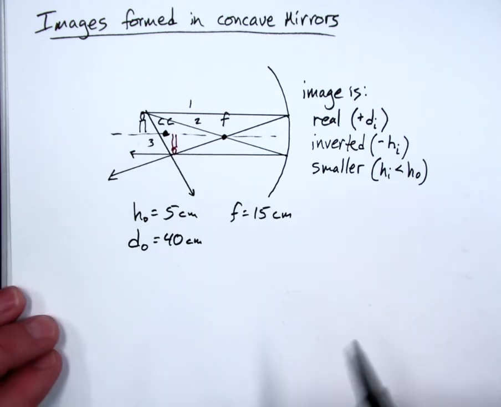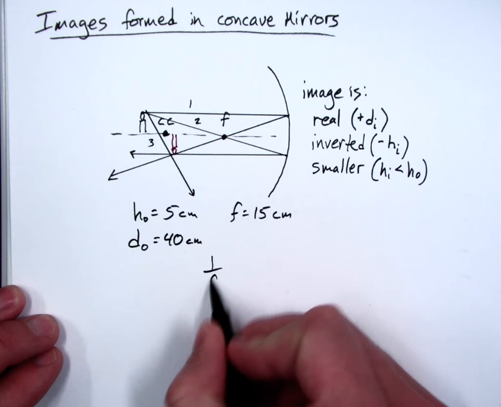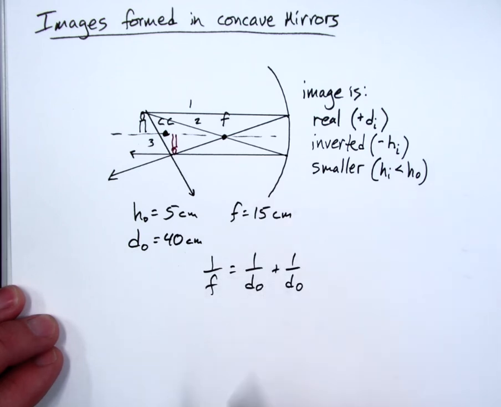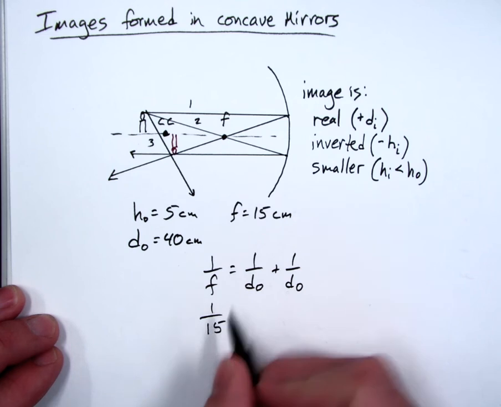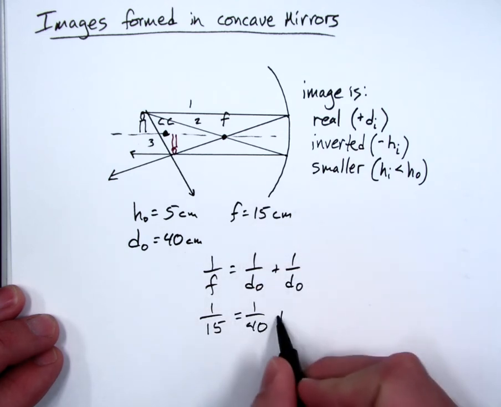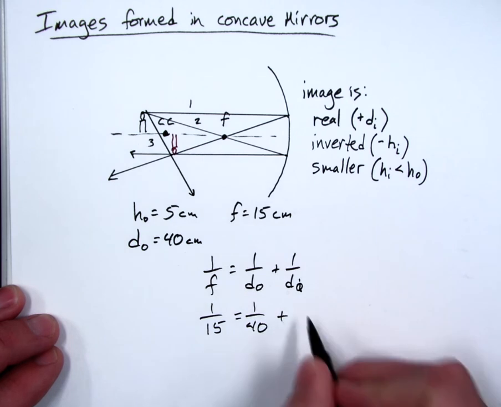So I'll start with my equation. 1 over f equals 1 over DO plus 1 over DI. 1 over 15, the focal length, equals 1 over 40 plus 1 over DI.